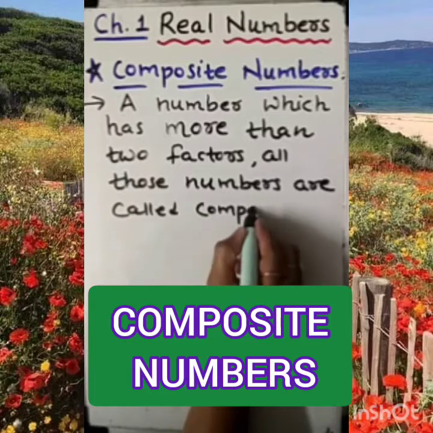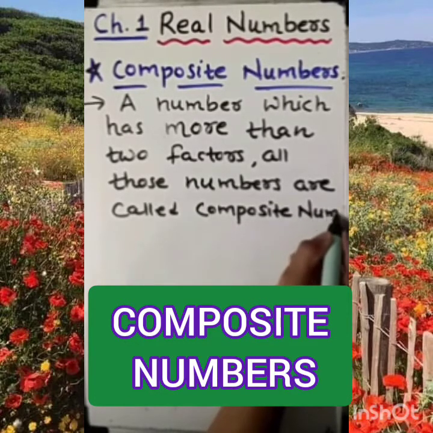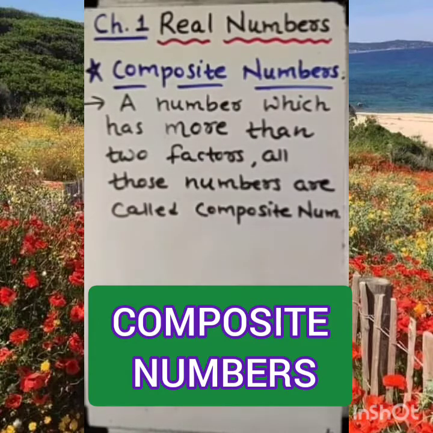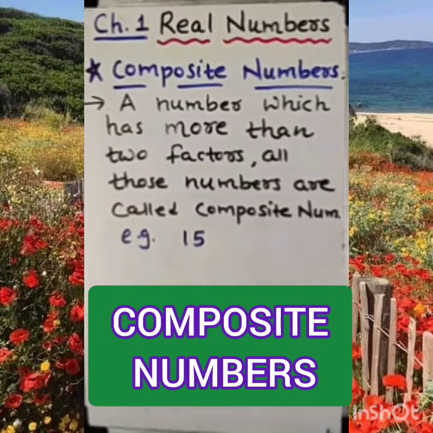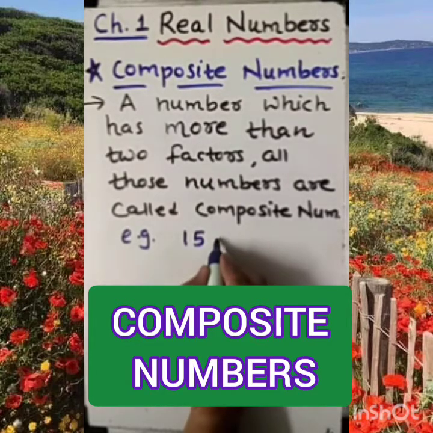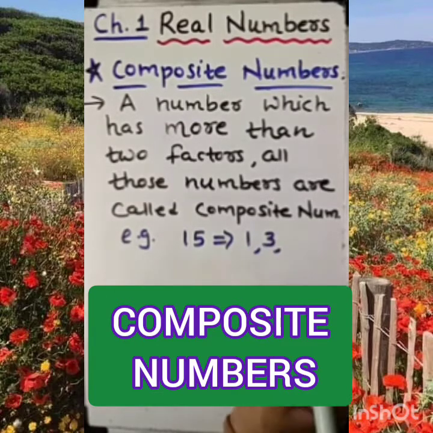Now let me give you one example. Suppose 15 is with me. The number is 15. Now what are the factors of 15? Of course, you will say 1 times 15, 3 times 5, 5 times 3, and 15 times 1.